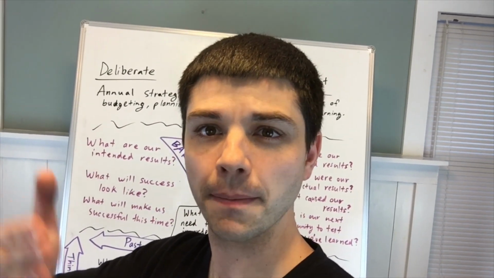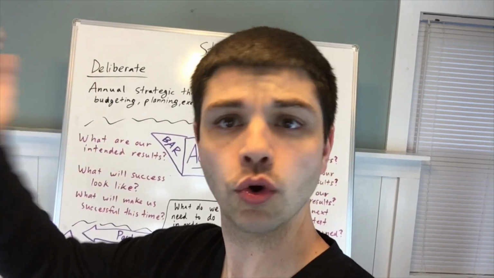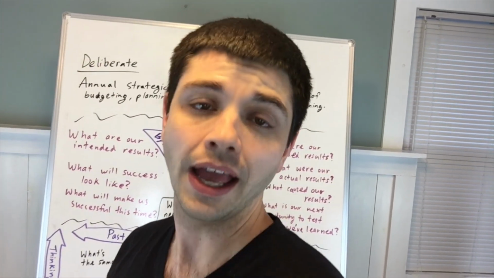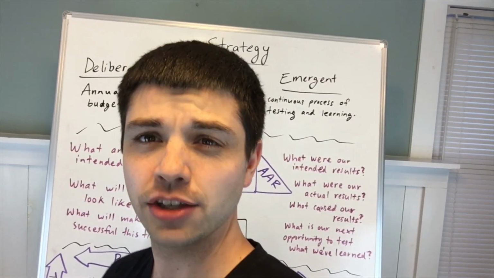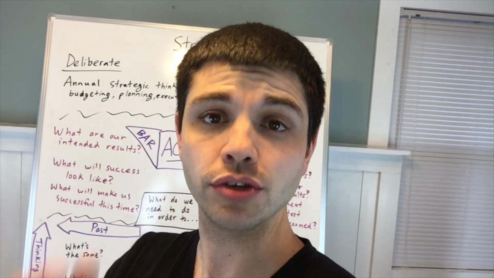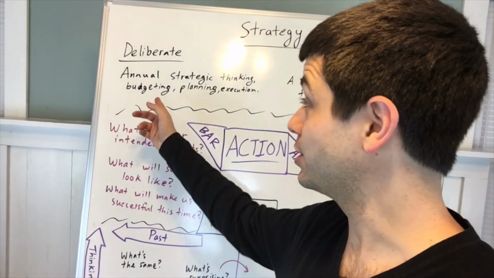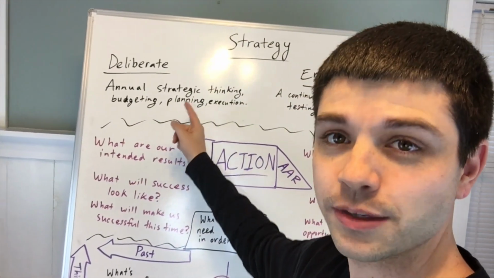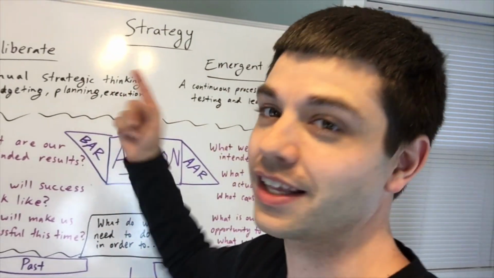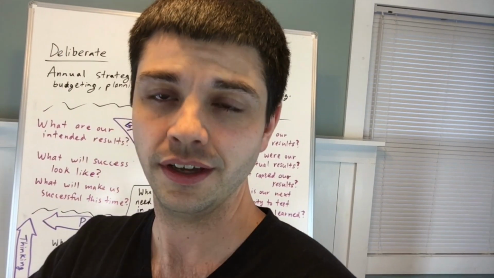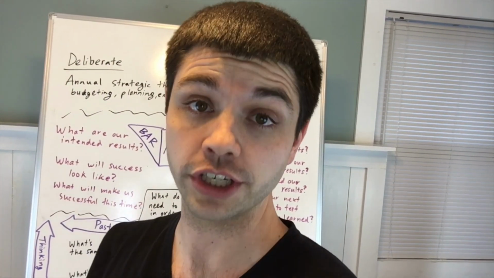Some schools have meetings once a quarter, once a year, or twice a year. And during these meetings, you make a deliberate strategy. You say that this is how much time we're going to spend. That's budget, right? This is what we're going to do. That's planning. This is how we're going to do it. That's execution. Very corporate, very rigid, very structured, and very traditional.